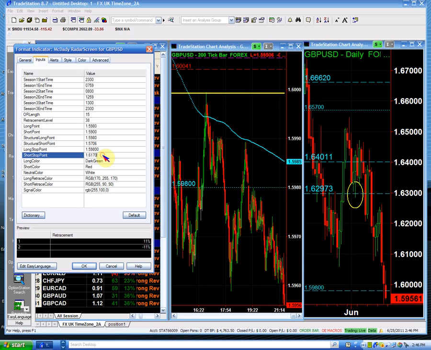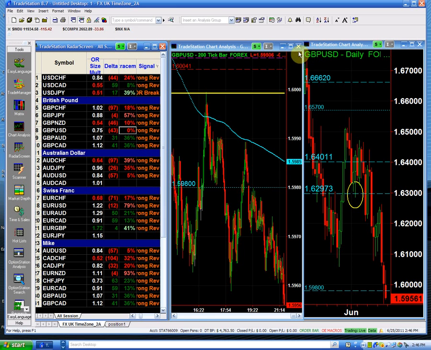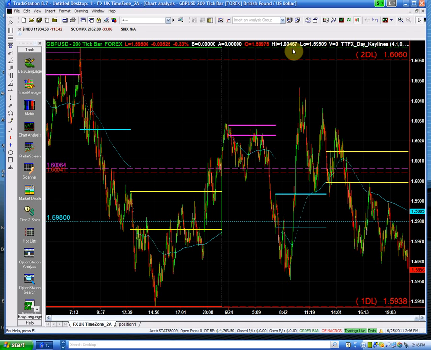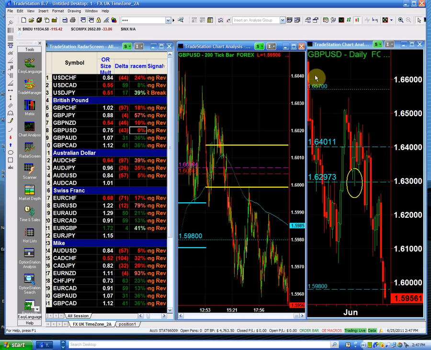So now if I go short below the 159 even, I need to find a place to place my stop. No, I'm sorry, I made a mistake on this. My short is going to be 159.50.